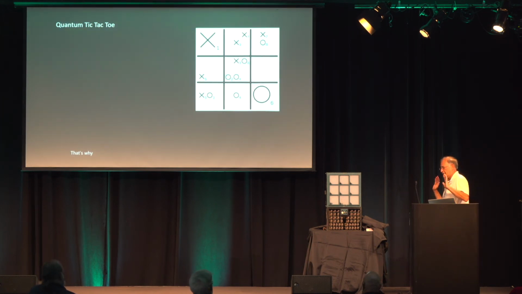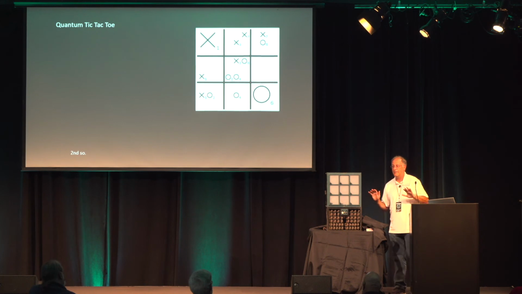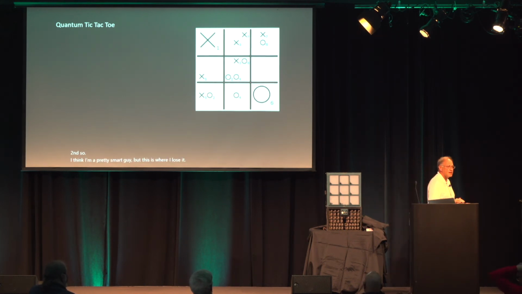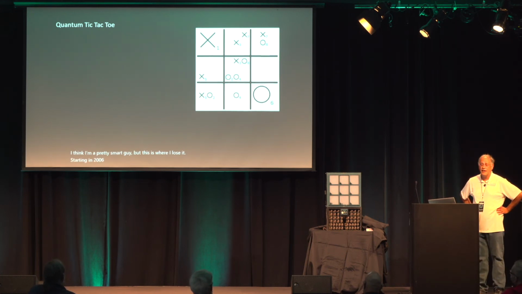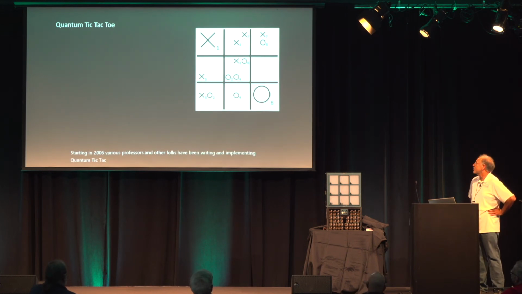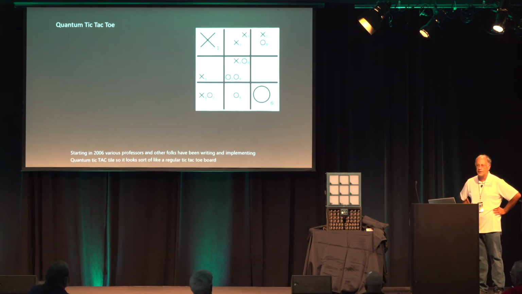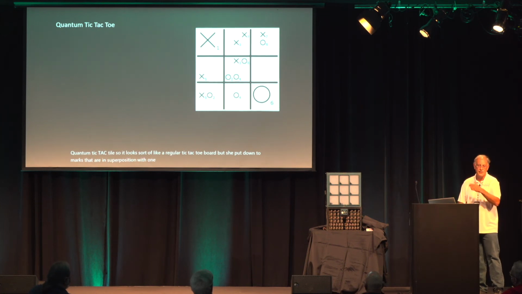So I think I'm a pretty smart guy, but this is where I lose it. Starting in 2006, various professors and other folks have been writing and implementing quantum tic-tac-toe. So it looks sort of like a regular tic-tac-toe board, but you put down two marks that are in superposition with one another, and there are implementations on the web.